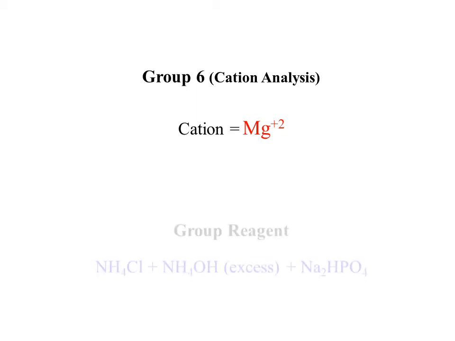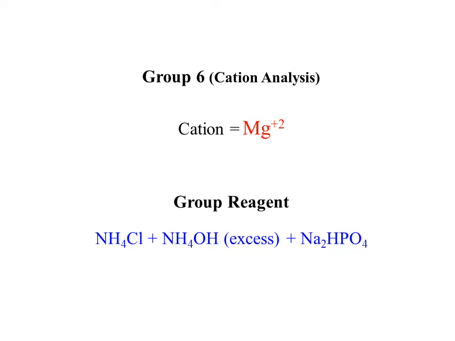We move over here to group 6 cation analysis. We only have the Mg2+ cation to analyze. The group reagent is NH4Cl followed by excess NH4OH, which is ammonium hydroxide, followed by Na2HPO4, which is called disodium hydrogen phosphate.